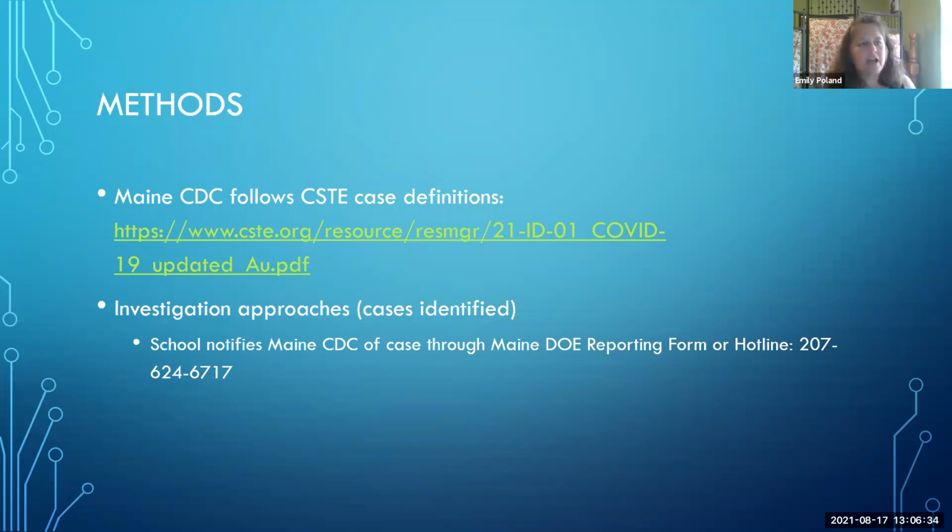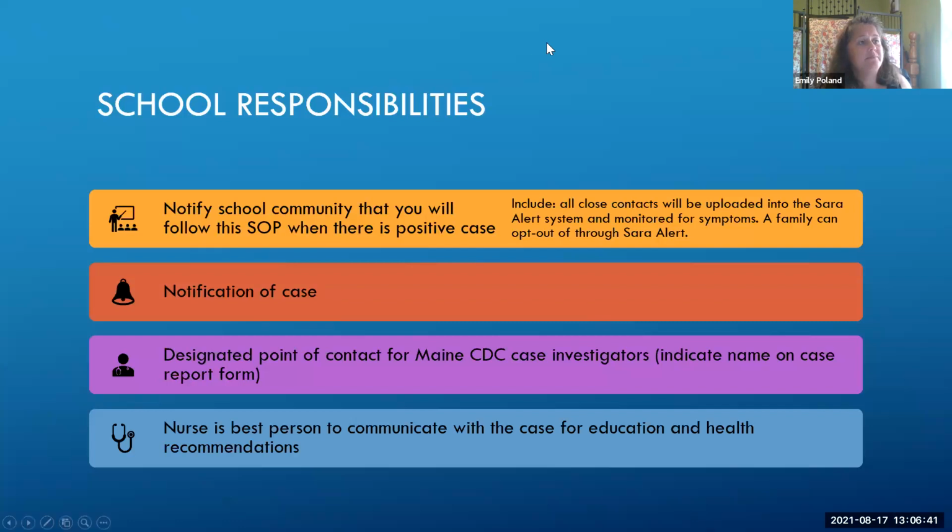So as we identify a case, what's the next thing that happens? Well, the school gives a notification, right? First of all, I want you to note that your school community should be notified that you'll be following the standard operating procedure that's created by Maine CDC, and that all close contacts will be uploaded into the Sarah Alert system and monitored for symptoms.